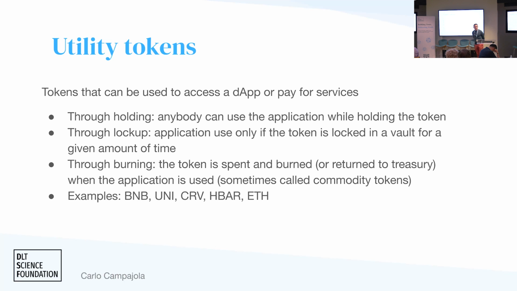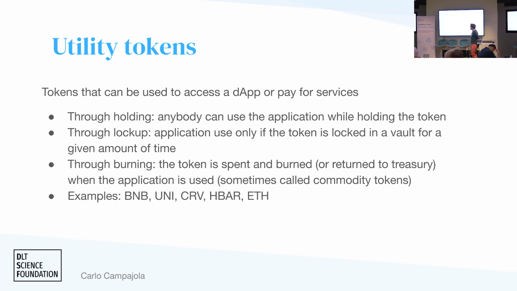That's actually a very common kind of utility token. You burn the token, or you spend it and give it back to the treasury of the protocol when you use the application. Sometimes they call them commodity tokens, mostly referring to the fact that Ethereum is believed to be a commodity and not a security, and that's because you pay gas fees with it, right? So when you pay gas fees with Ether, that's utility.